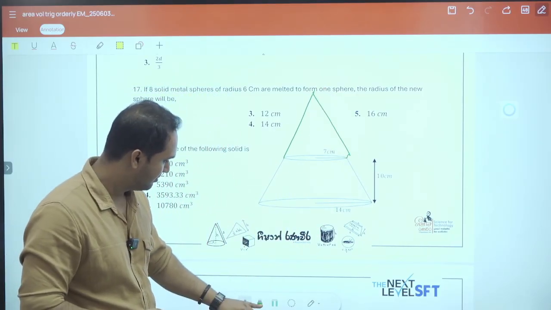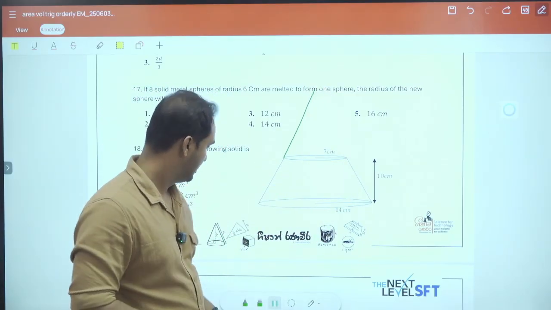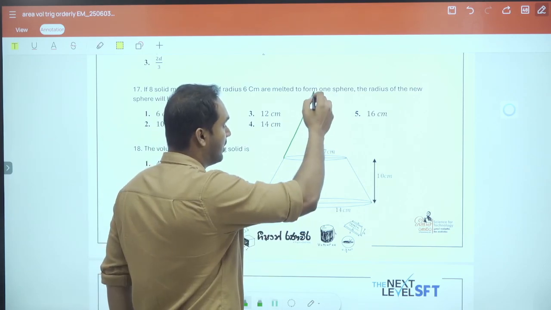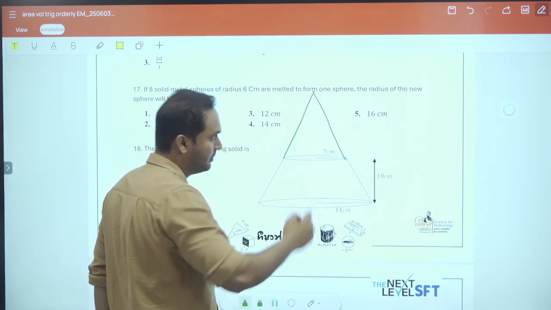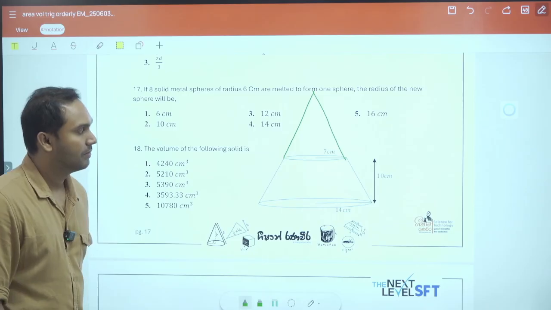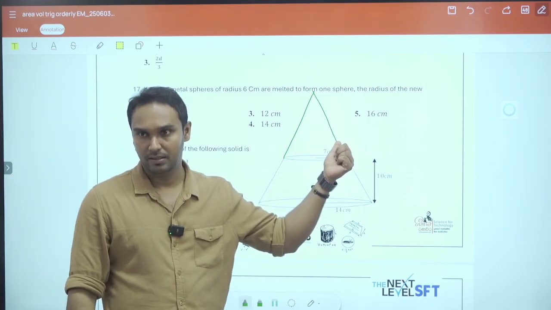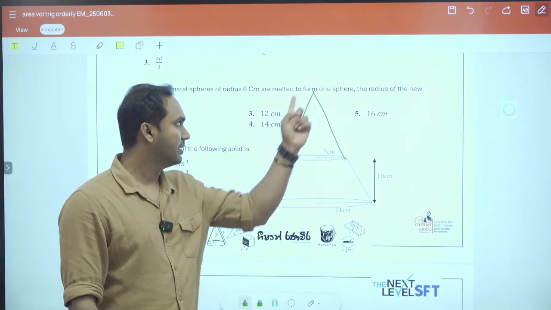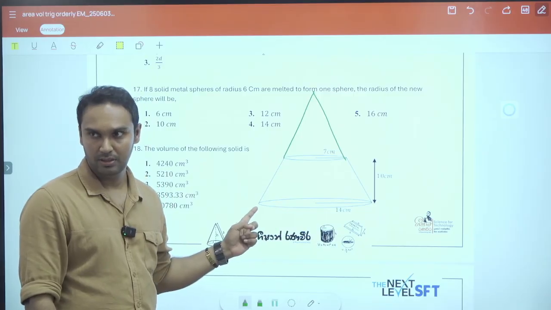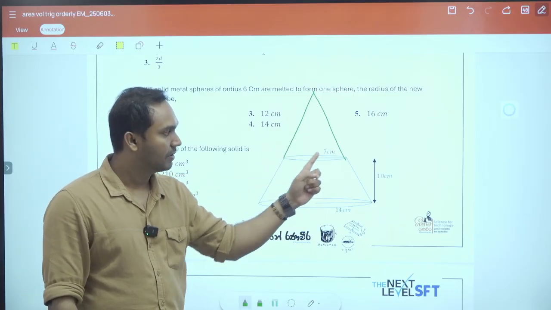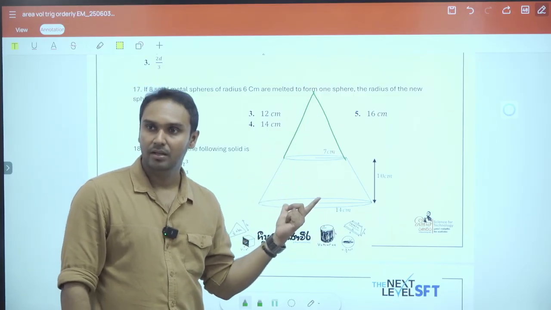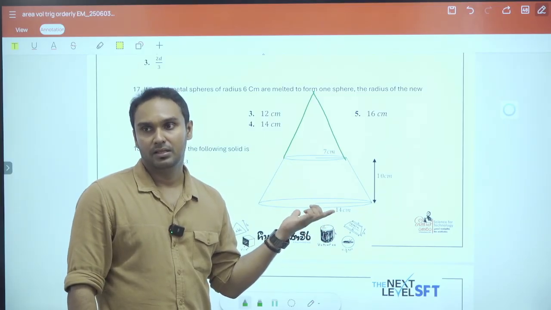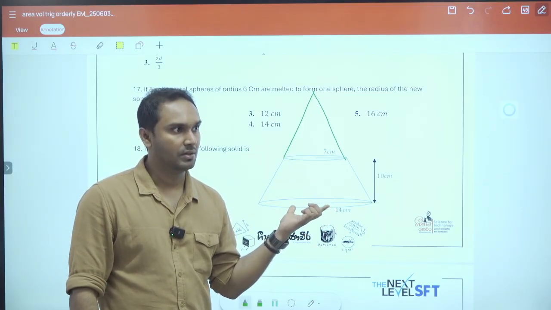Did I draw it wrong? Right, so this is the other part of the cone. You have to find the volume of that part as well. So you take the complete volume of the large cone and subtract the volume of the small cone, and you get the volume of the semi-cone, or the half cone.